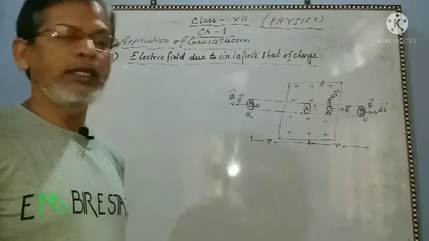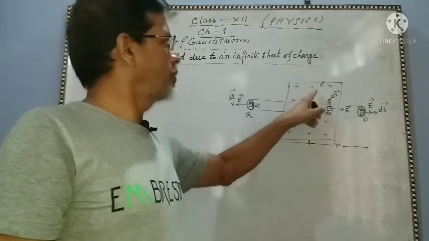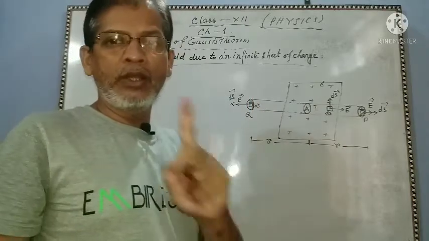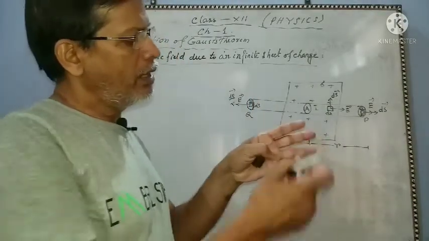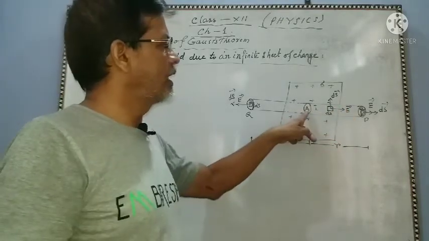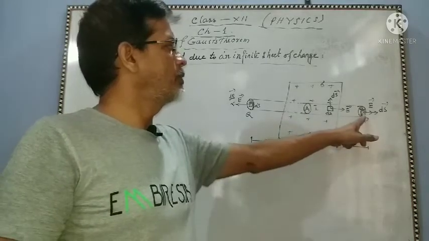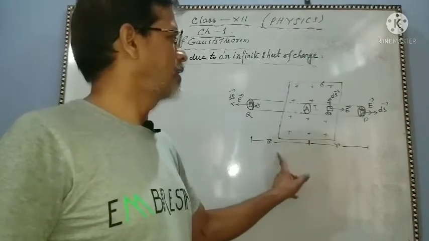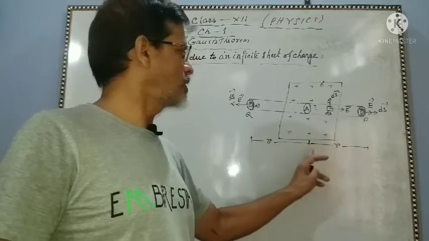Now, what we have taken: this is the plane sheet whose surface charge density is sigma. We have taken a Gaussian surface, a cylinder passing perpendicular to the sheet, whose area of cross section is A. We have taken two points, P and Q, at the same distance r from the sheet.